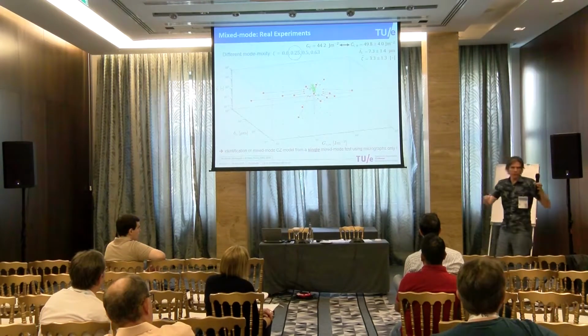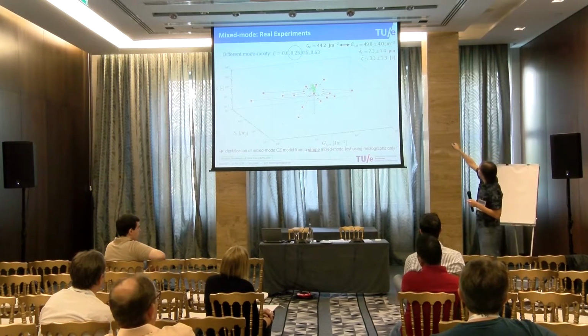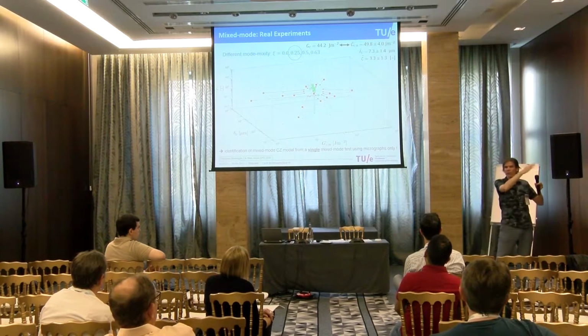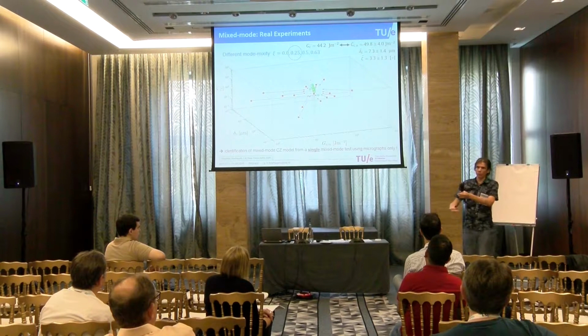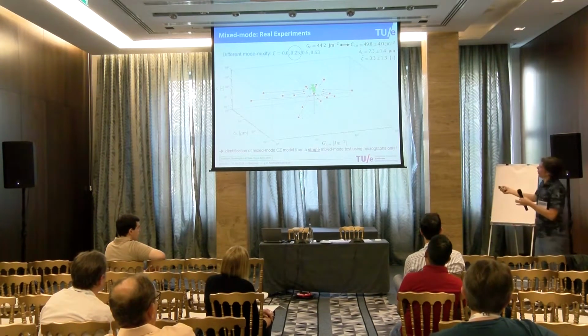And finally, we have a mixed mode parameter of 3.3, so that means that the fracture toughness increases by a factor of 3.3 when you go from mode 1 to mode 2. That seems also plausible. So this seems to work.